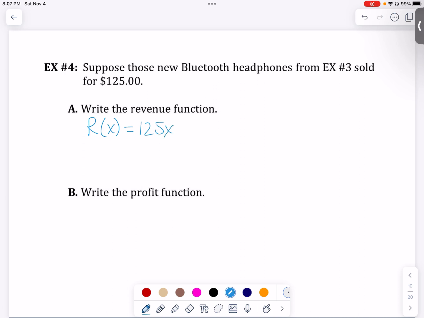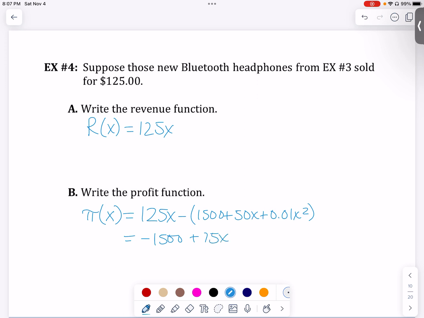But then the profit function, pi of x, is going to be the revenue, the amount you make, minus the cost function. So the 1500 plus 50x plus 0.01x squared, which gives you negative 1500 plus 75x minus 0.01x squared.